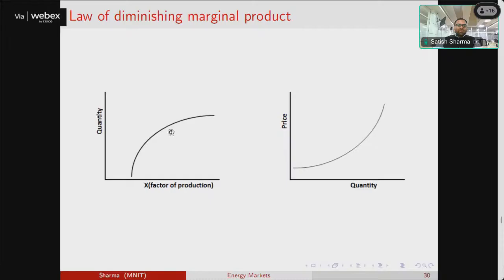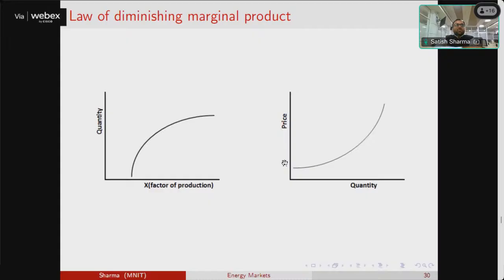So after a certain factor of production, the quantity will saturate, and with the increasing quantity, the factors of production will be increasing, and in the same fashion, the price will also increase. As more and more you want to produce, the amount needed to produce that will be very high.